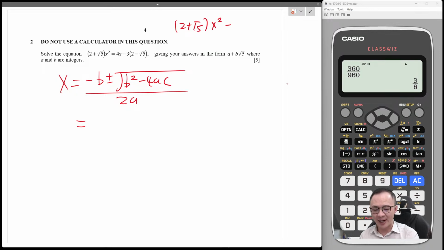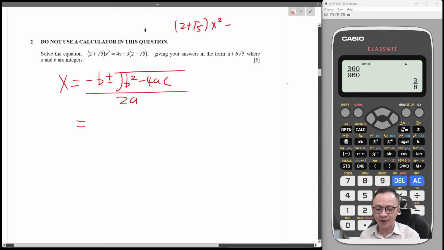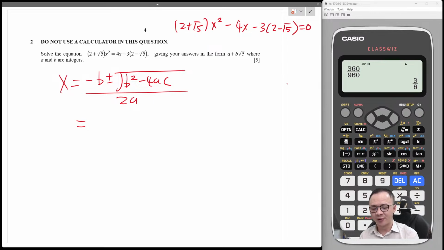This is x squared minus 4x minus 3, 2 minus 5 equals to 0. So my b is -4, so it becomes +4. Then b squared, -4 squared, will give me 16.